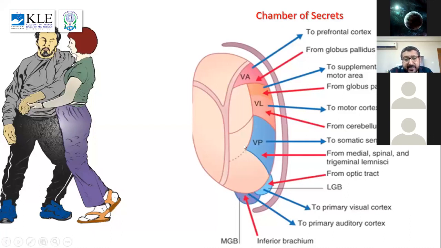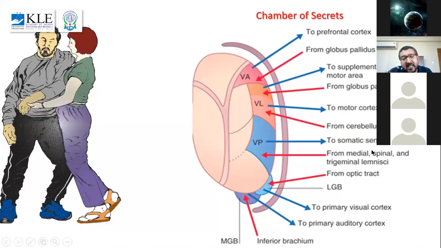But all I'm talking about is this blue area, that is the VP area, or in other words, the ventral posterior as well as posterior lateral area. This is the area concerned with the gravity-related upright posturing, and also with conscious awareness about the position, that is the kinesthetic, proprioceptive, and other things.